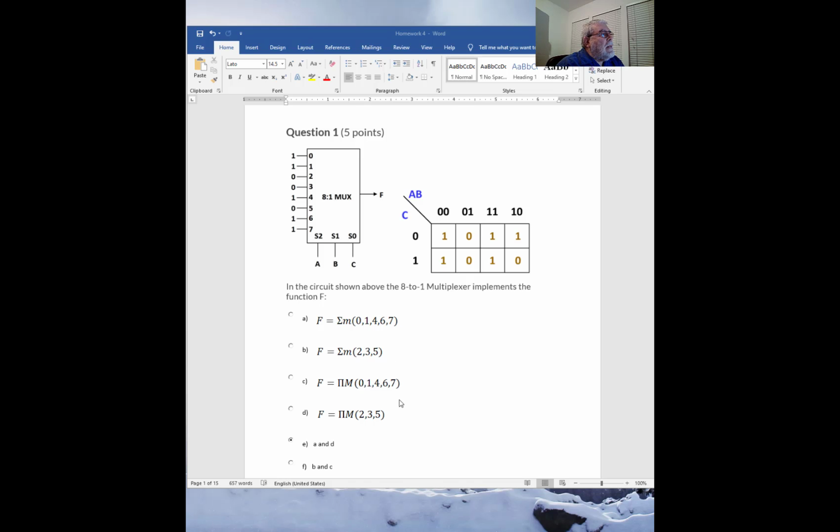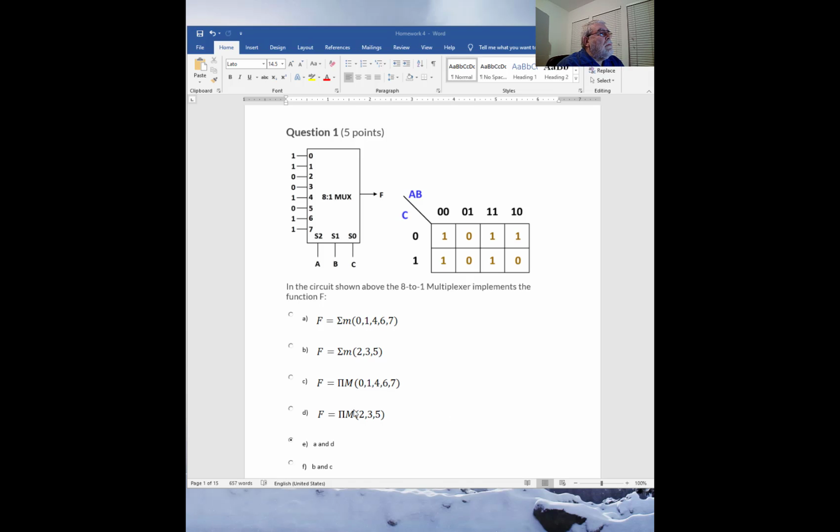But see that we're given a couple more options, for instance in terms of the maxterms. If I'm given the minterms, I can get the maxterms by difference. All the elements that are not in the minterms are maxterms, so these are exactly the maxterms derived from here: 2, 3, 5.